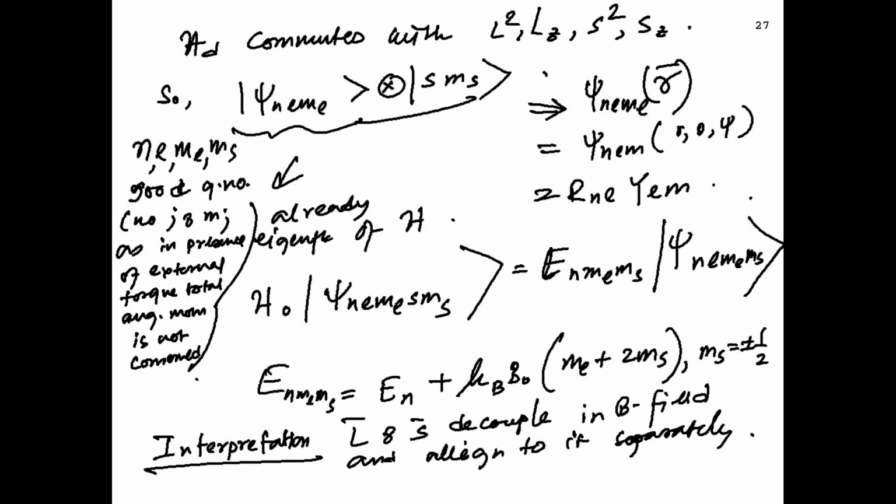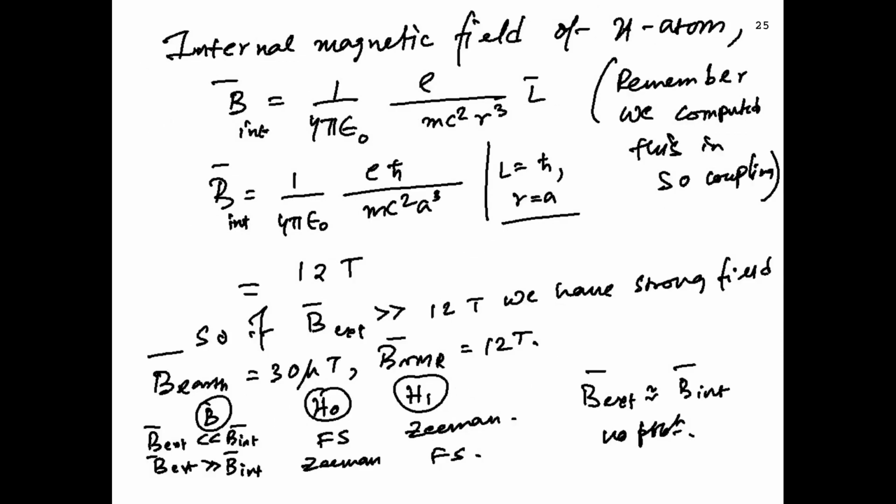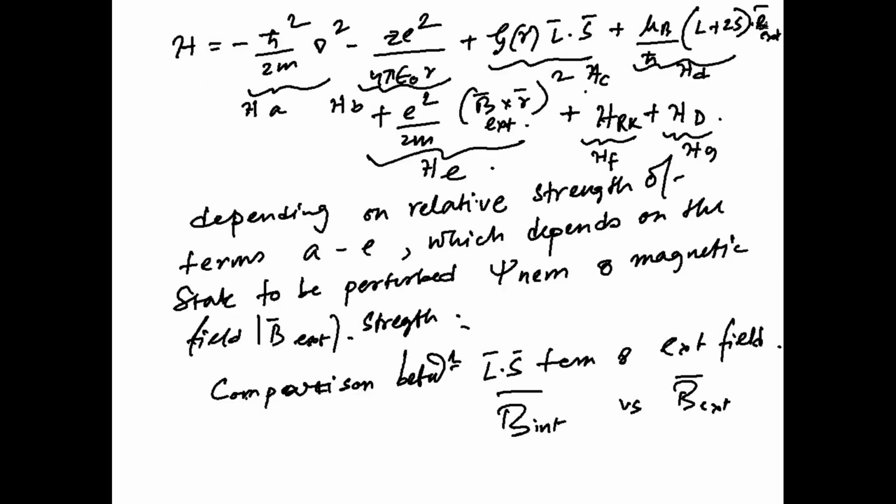When you do this first order approximation, the effective Hamiltonian you get pretends as if L and S are two separate angular momenta interacting with the external magnetic field, and simply giving a correction mu_B B naught (m_l plus 2 m_s). So that is basically the effect of a very strong magnetic field.